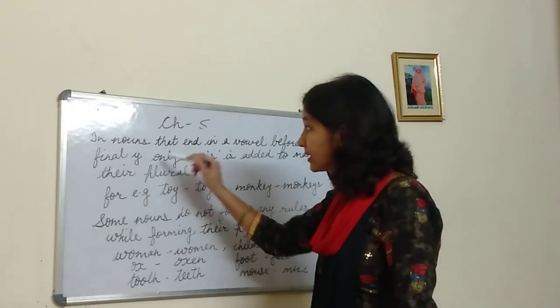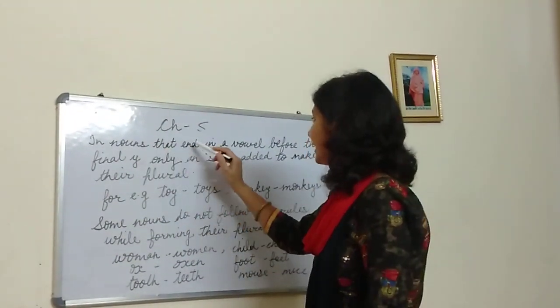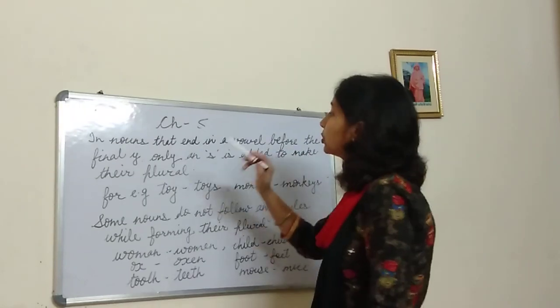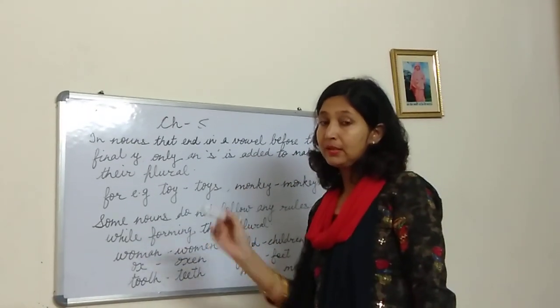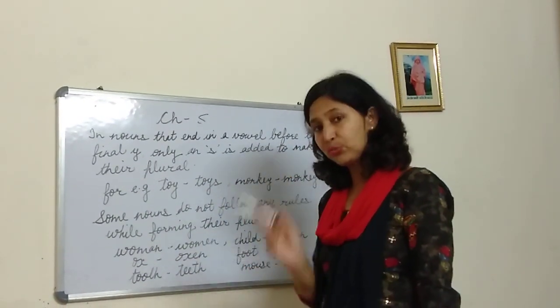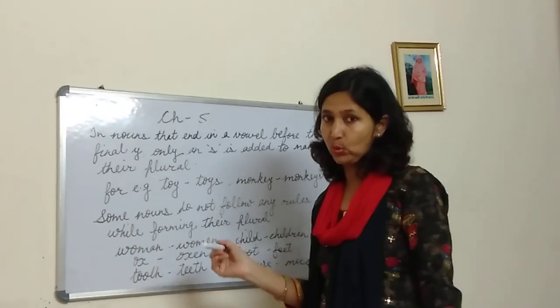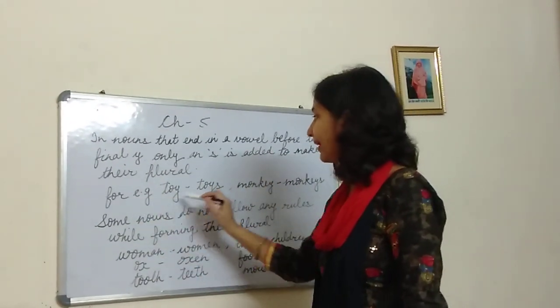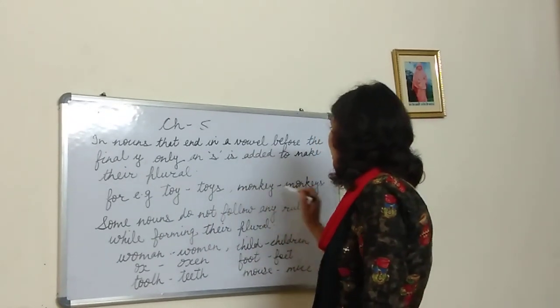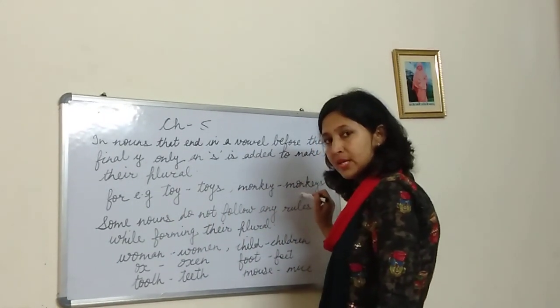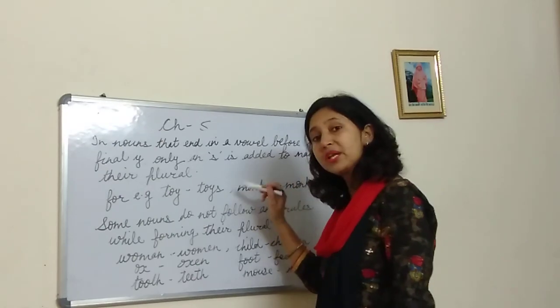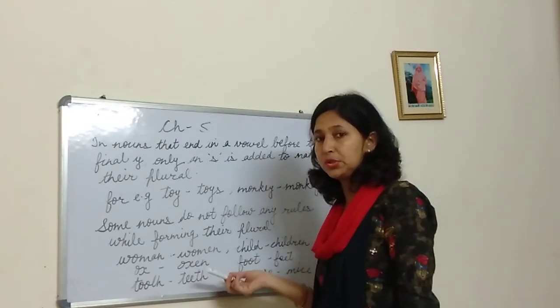But in this rule, in nouns that end in a vowel before the final y, means the letter before y is vowel, we will just add s to make their plural. For example, toy, toys, monkey, monkeys. So don't get confused in both these rules.